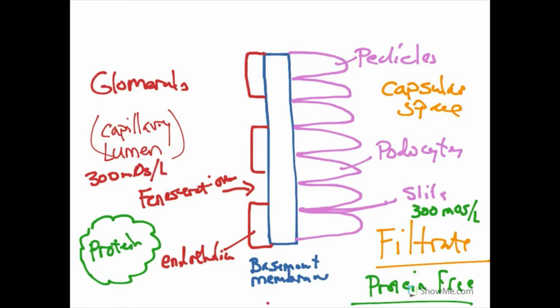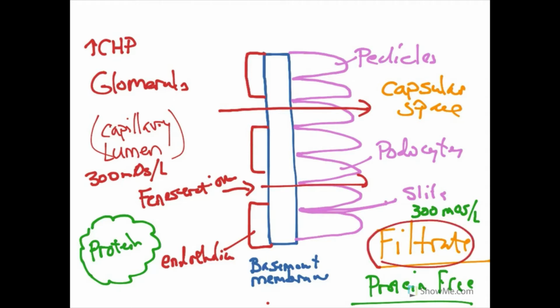Since they have equal osmolarity, the osmotic pressures are equal. So what you have now is the glomerulus' very high capillary hydrostatic pressure that will force fluid across this fine mesh filter, producing filtrate. Okay, and that is your overall basic function.